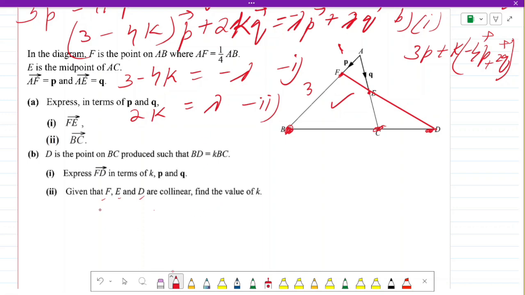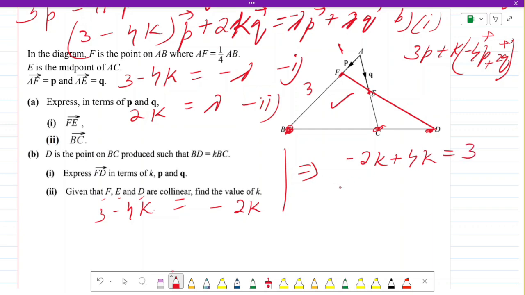So equation 1 becomes 3 minus 4K is equal to minus 2K, where we just place the negative sign and put the value of lambda, that is 2K. This further becomes minus 2K plus 4K equal to 3, so 2K equal to 3, so K equal to 3 upon 2.